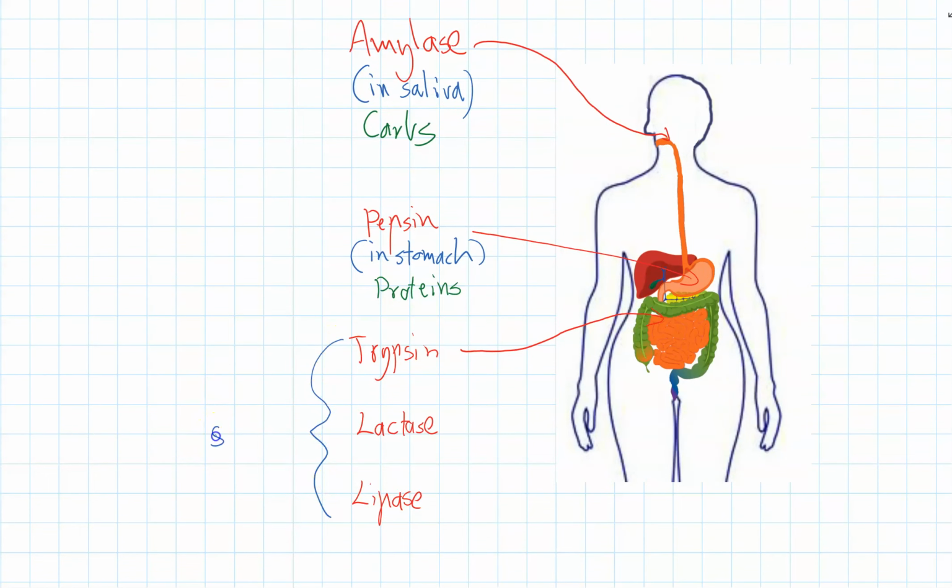So these are all in the small intestine. Okay, and so these digest all the three categories. So lactase digests carbs. Specifically, it digests lactose, which is in milk and dairy products, as you probably would know. Trypsin continues to digest proteins. And then lipase digests all our fats and our oils when they get to the small intestine.